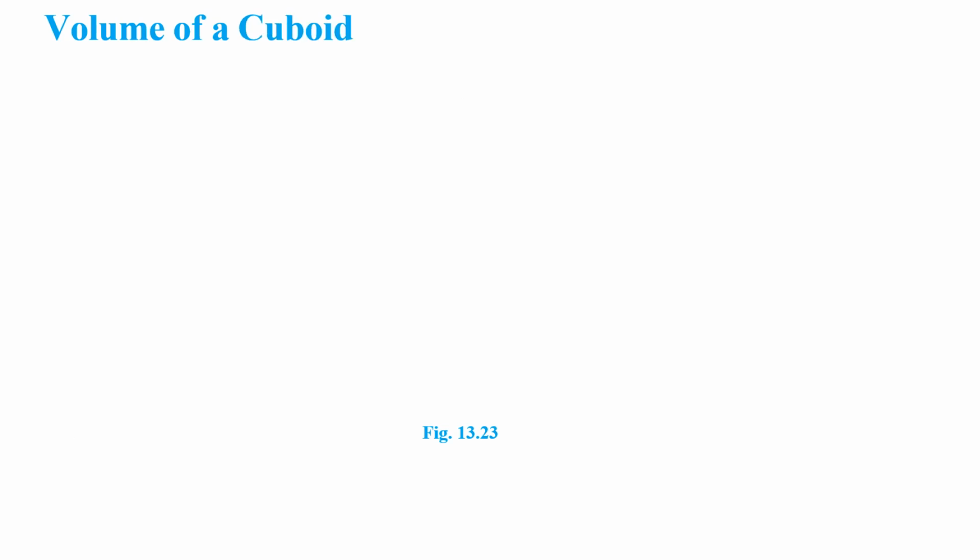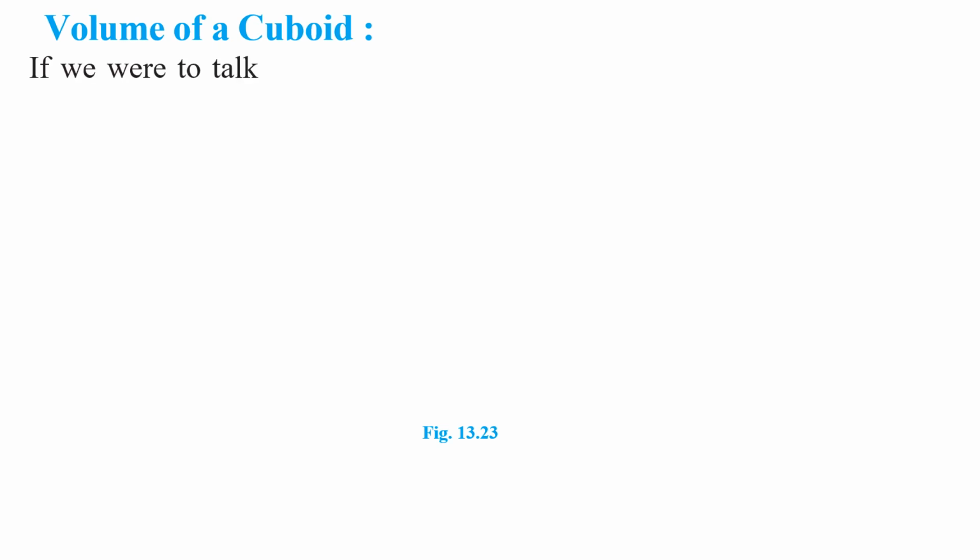In the previous slide, we discussed volume of an object. Now, in this slide, we focus on volume of a cuboid. What is meant by volume of a cuboid and what is the formula to find the volume of a cuboid?